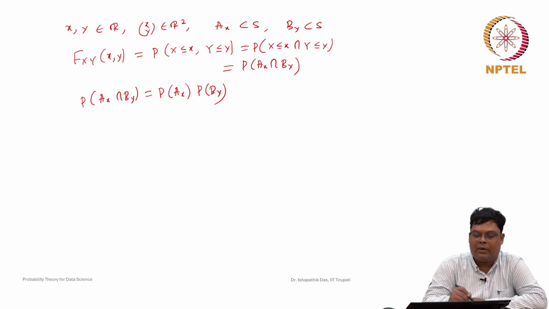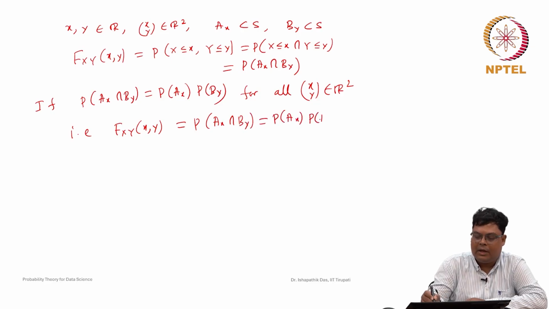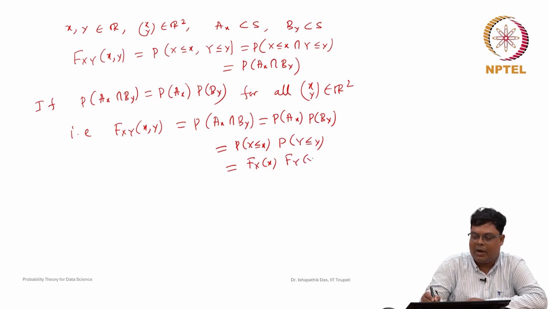Now, if this is true for all (x, y) belonging to R squared, that means F_XY(x, y) is nothing but the probability of A_x intersection B_y, which is the probability of A_x times the probability of B_y. What is the probability of A_x? Probability of X less than or equal to x. What is the probability of B_y? Y less than or equal to y. This is nothing but F_X(x) times F_Y(y) for all (x, y) belonging to R squared.